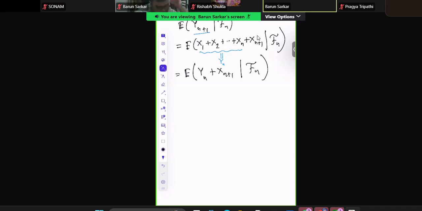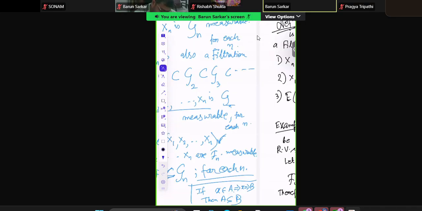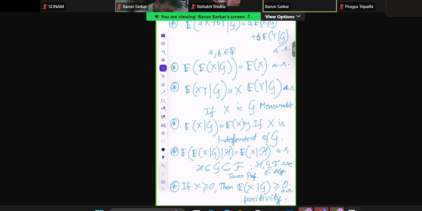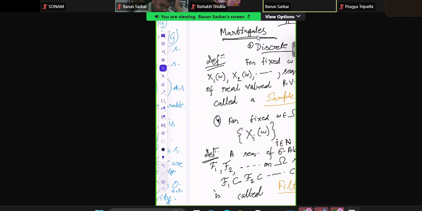Now we will use the properties of the conditional expectation. The first is the linearity property. We have done certain properties. The first property: expectation of aX plus bY given G is a times the conditional expectation of X given G plus b times the conditional expectation of Y given G. I will use this first step.